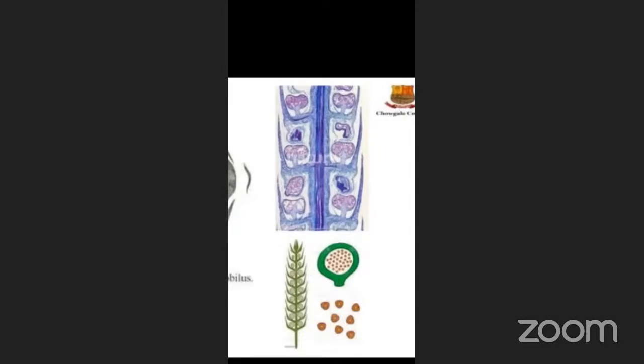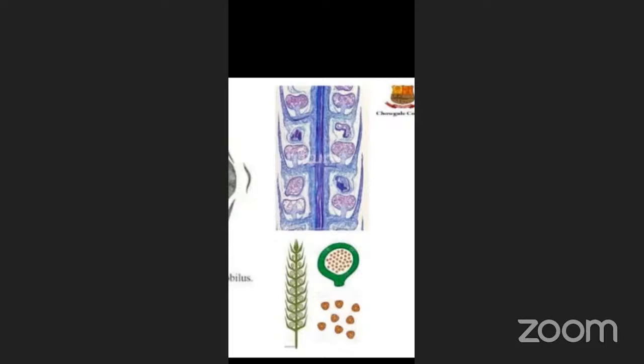So the eusporangiate condition is present. In this process of development of the sporangium and jacket cells, the eusporangiate condition is there.